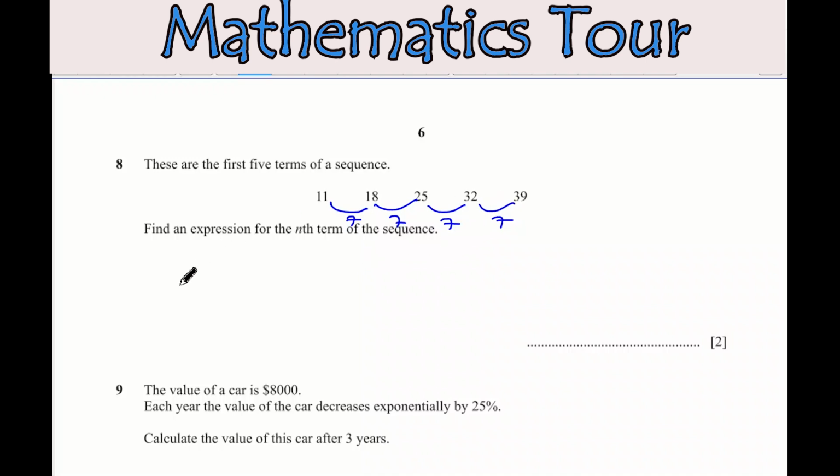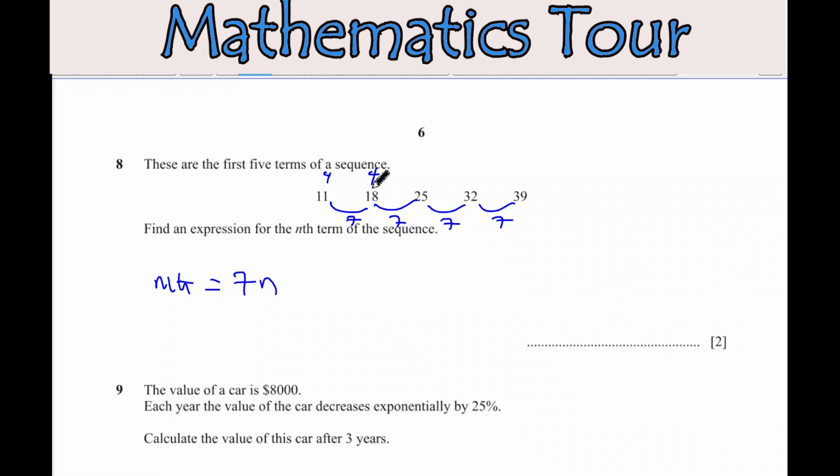So let's say the nth term equals the common difference, which is 7, multiplied by n, so 7n. If our nth term is this, let's check. The first term will be 7 times 1, that will be 7. So that means we are short of 4. When n equals 2 for the second term, it will be 7 times 2, that will be 14.